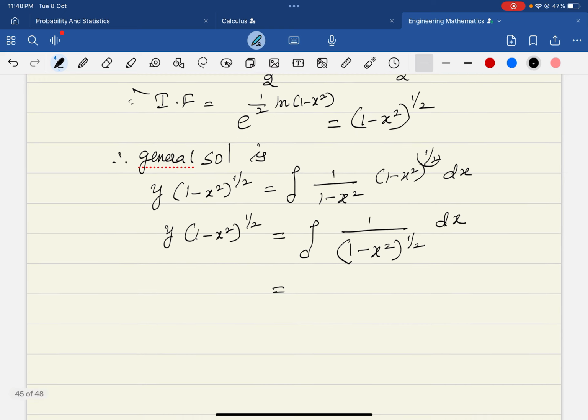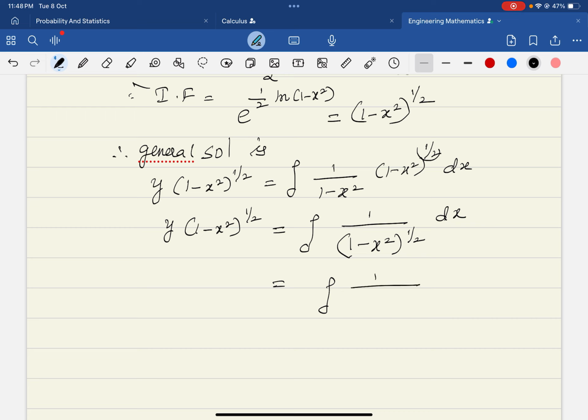Now what is this? This is nothing but the integral of 1 over square root of 1 minus x square dx. This is the formula: the integral of 1 over square root of a square minus x square is sine inverse of x by a. So it is sine inverse x plus c. And this is y times the square root of 1 minus x square, so that is equal to sine inverse x.